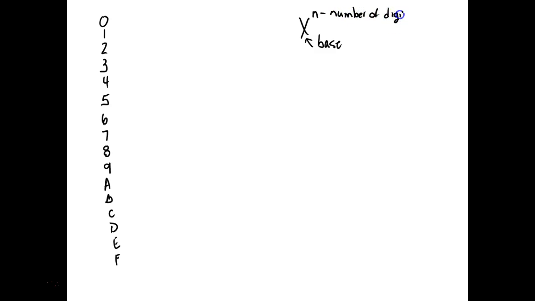Now this gives me the number of numerical combinations. Now remember, one of your combinations is 0, right? The biggest number I can possibly represent would be x to the n minus 1. And this gives me the biggest number I can represent with a certain number of bits.